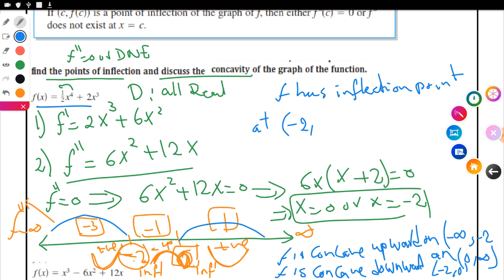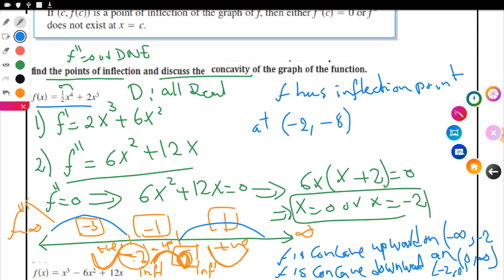I'm so sorry, I solved it, but I'm searching. Okay, no problem, I correct with you. Here I replace by negative 2: it will be 16 divided by 2, which is 8, minus 16, so negative 8.